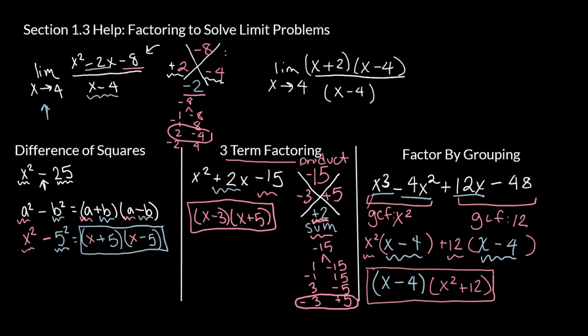And then we can cancel out this x minus 4 term. And we get the limit as x goes to 4 of x plus 2. And now we can just evaluate this limit because there's no longer an error in the equation. So that means just plug in the 4 for x. So this limit is going to be 4 plus 2, which is 6.